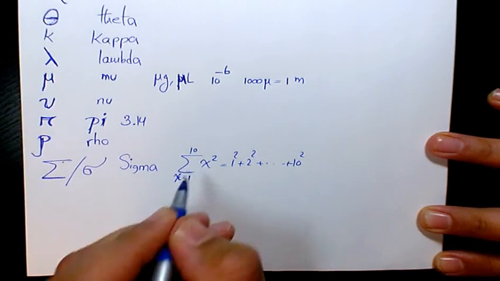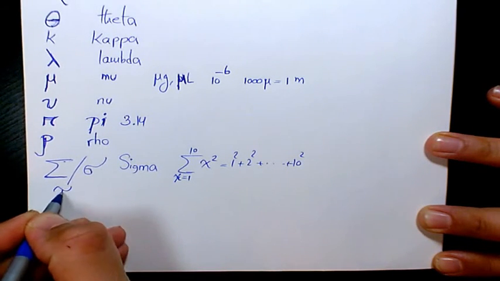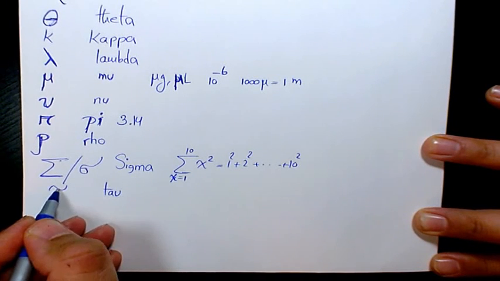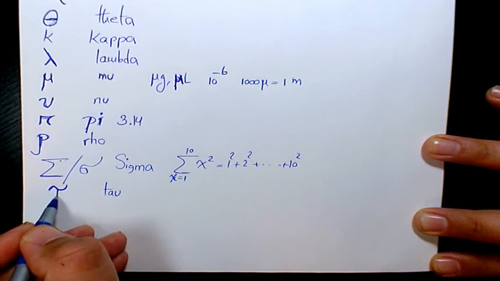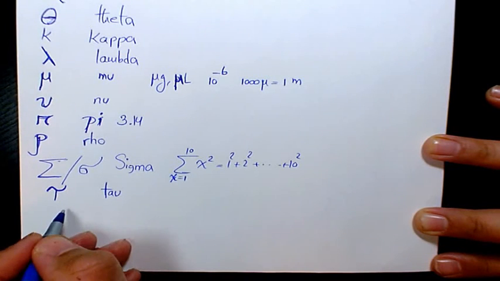This is the application of sigma. Another one can be tau. When you're dealing with some kind of time in life, half-life time, or some other times you're dealing with tau.